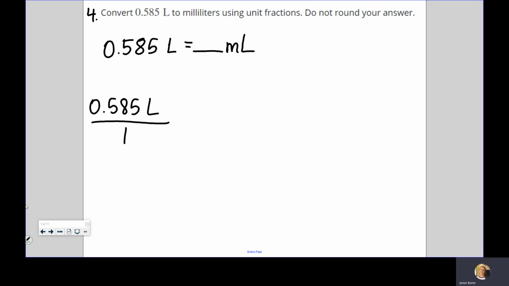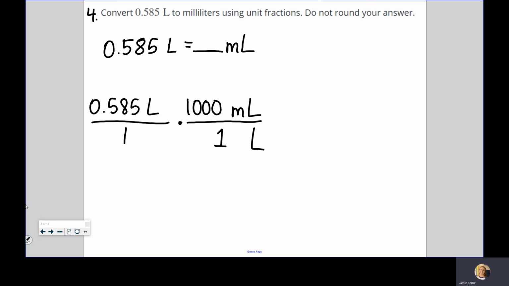We're trying to get rid of liters. We're going from liters to milliliters. So we're going to multiply by a unit fraction, put liters in the bottom and milliliters in the top. We know that in 1 liter, there are 1,000 milliliters.